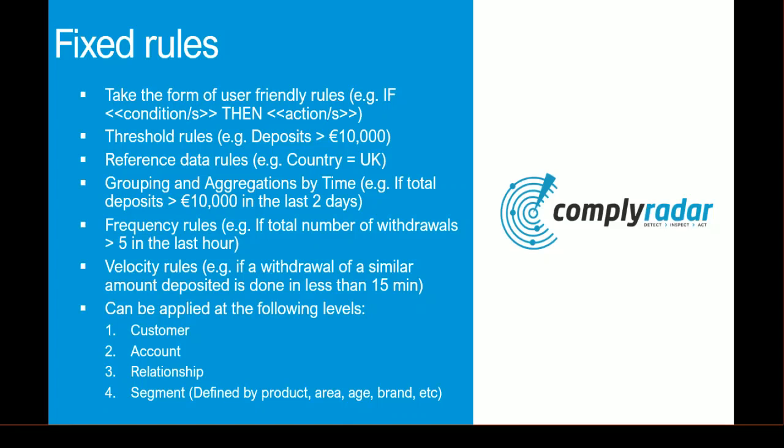Otherwise the AML people won't be comfortable when they want to test changes, because they will be worried: what is going to happen? Will my VIP suddenly be marked as suspicious and scared away? So it's a very important requirement, this backtesting.